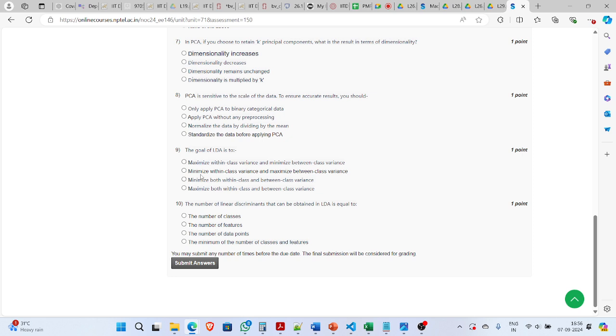Maximize between class variance and minimize within class variance. Yes, that is the one, right?